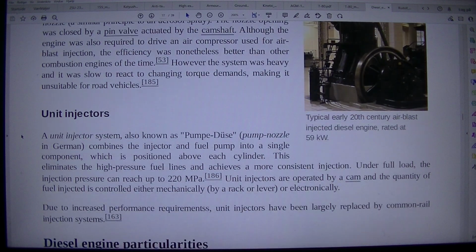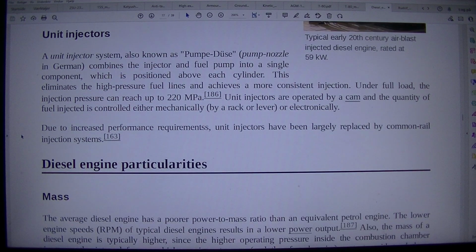Unit injectors. A unit injector system, also known as Pumpe-Düse in German, meaning pump nozzle, combines the injector and fuel pump into a single component, which is positioned above each cylinder. This eliminates the high-pressure fuel lines and achieves a more consistent injection.